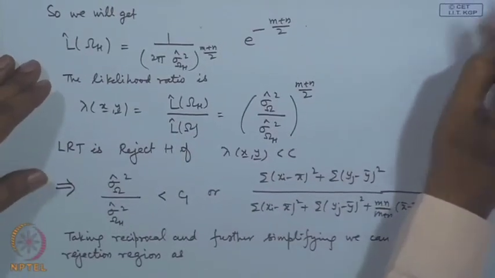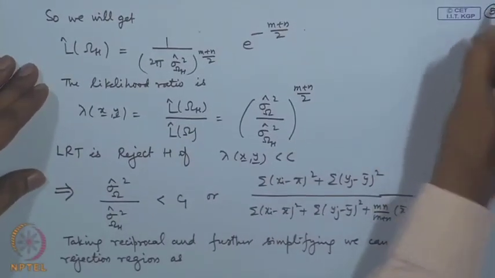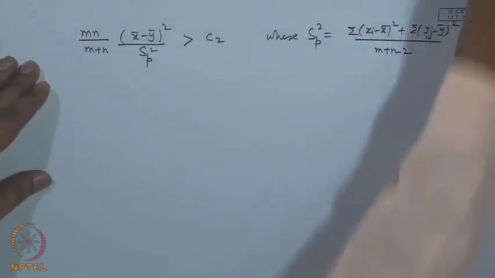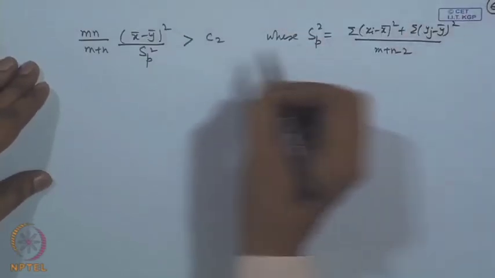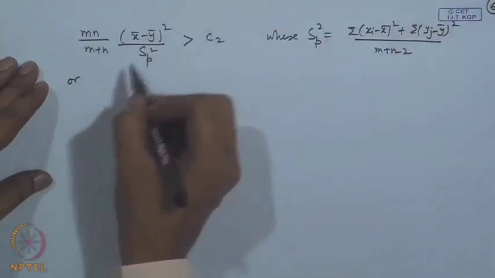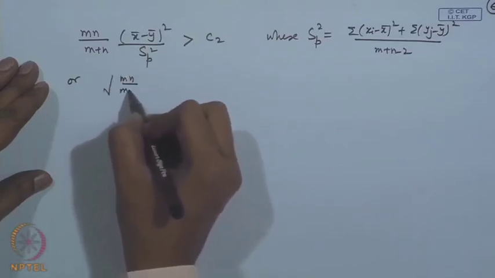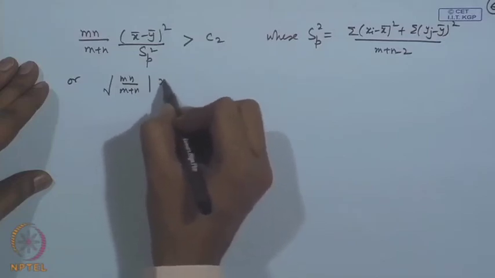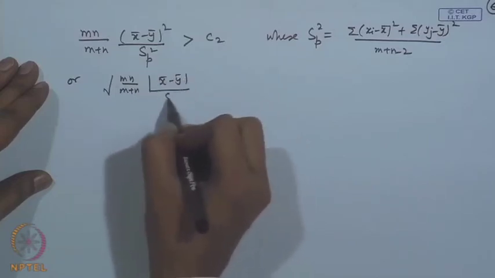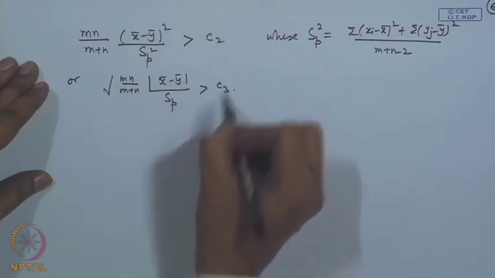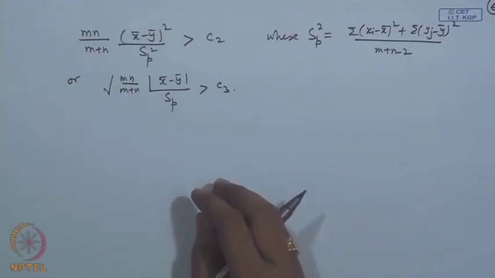So, if I take the square root, I get square root m n by m plus n modulus of x bar minus y bar divided by S p greater than say C 3.